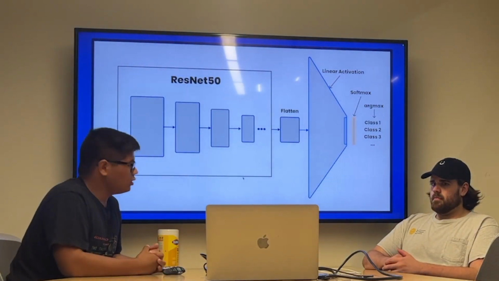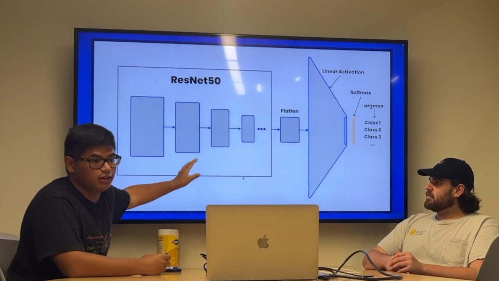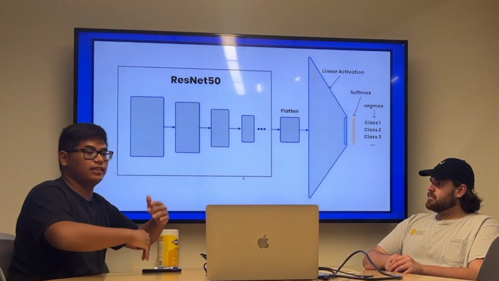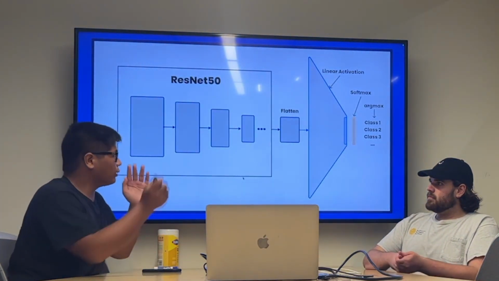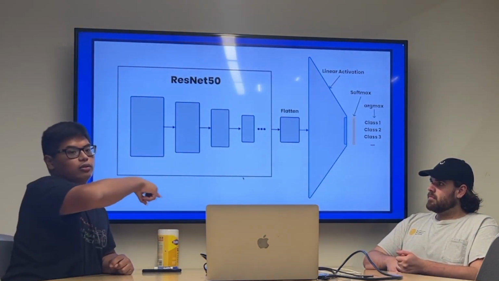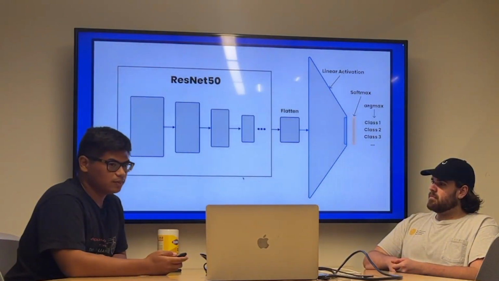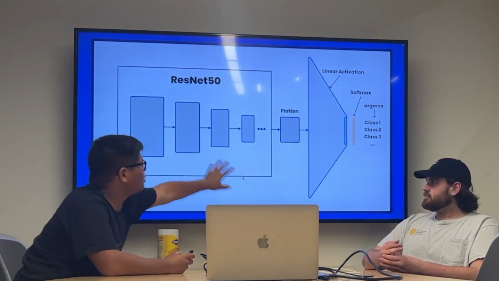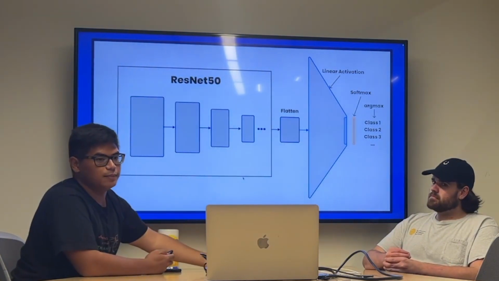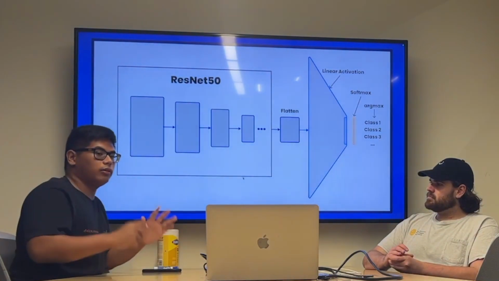And so rather than using the classification head of ResNet 50, which would predict the 1,000 classes it's trained on, we replace that with our own classification head that tries to predict whether or not someone has pneumonia based on the CT image. And so only this part outside of the backbone is getting trained, because the ResNet 50 layers' weights are already frozen.